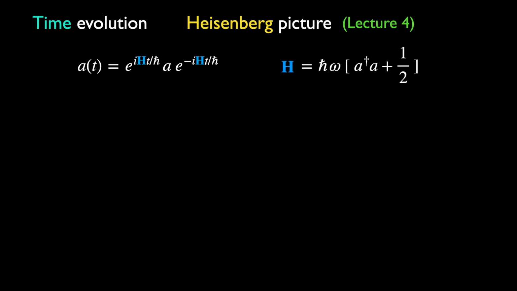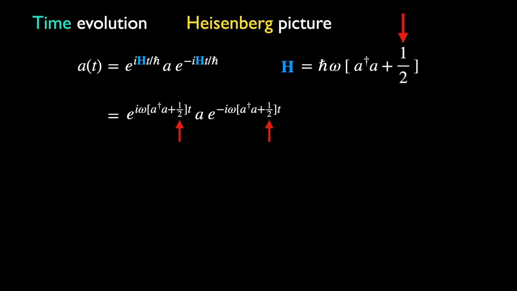Note that we have taken A without the time argument as the operator at the initial time, which is t equals 0. The factor of half is just a number and cancels between the time evolution operator and its inverse.